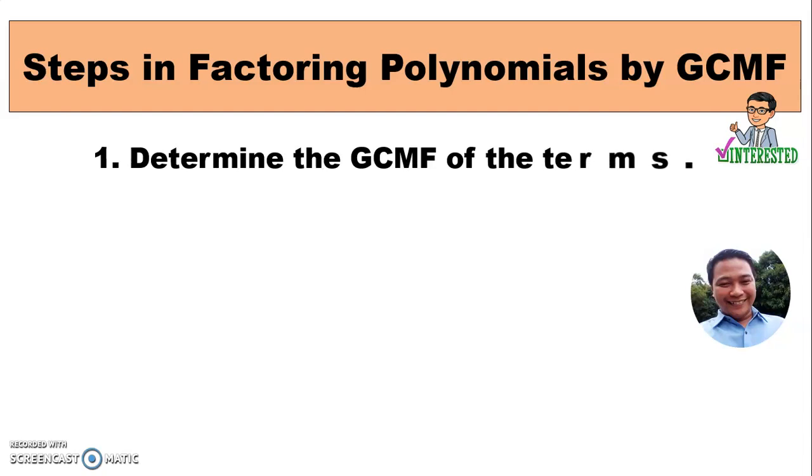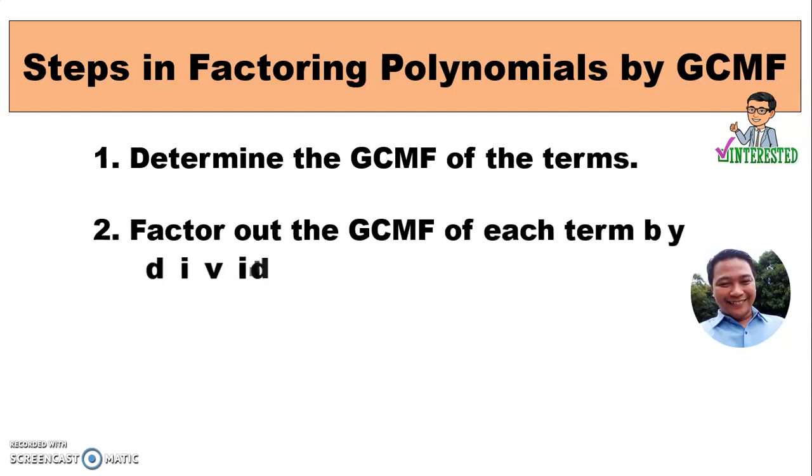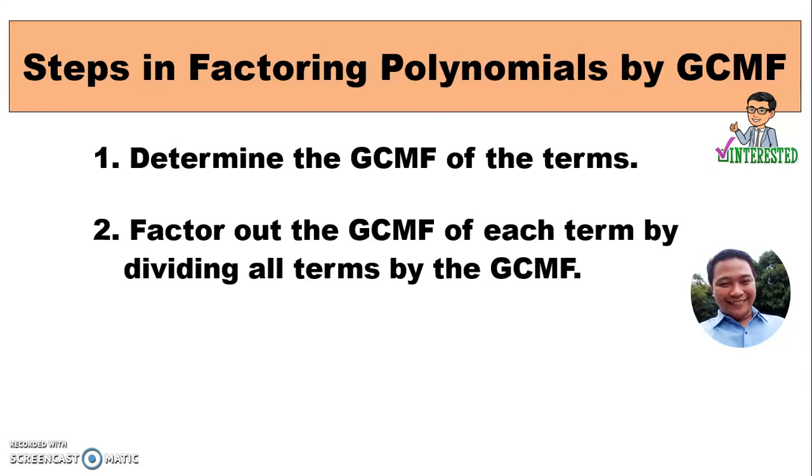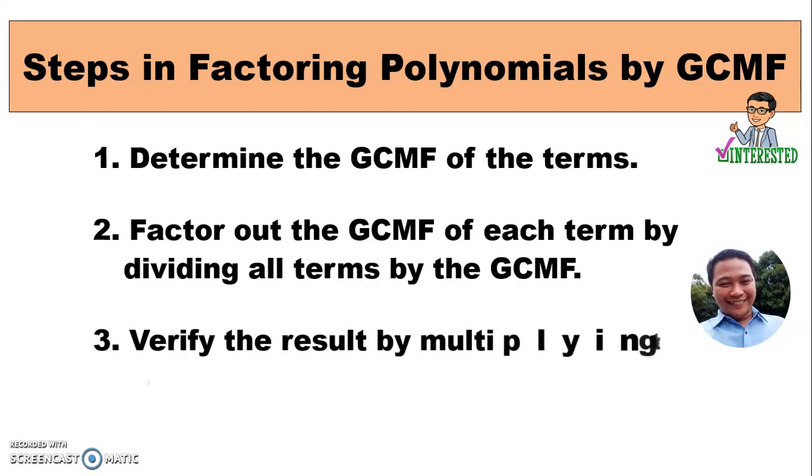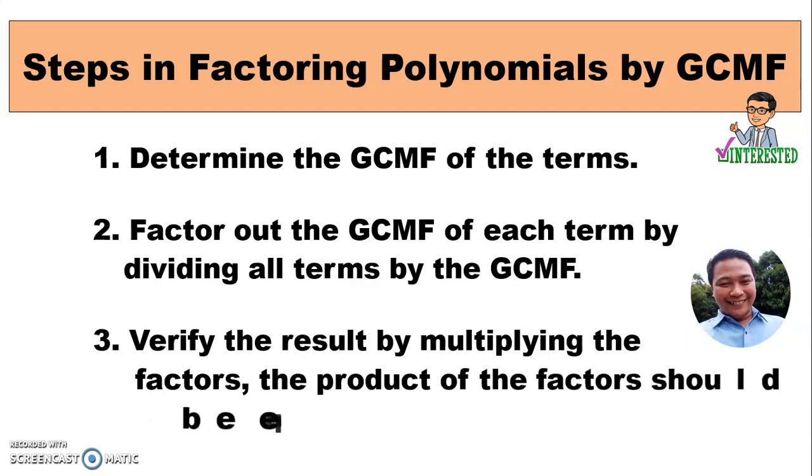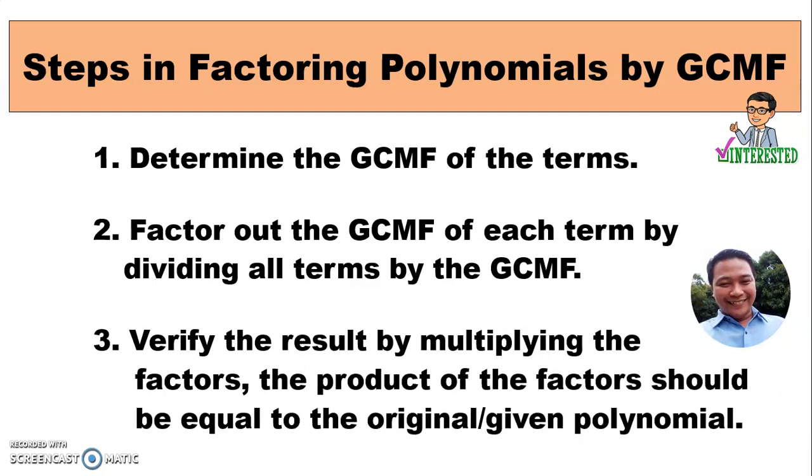Number 1, determine the GCMF of the terms. Number 2, factor out the GCMF of each term by dividing all terms by the greatest common monomial factor. And lastly, verify the result by multiplying the factors, and take note, the product of the factors should be equal to the original or given polynomial.